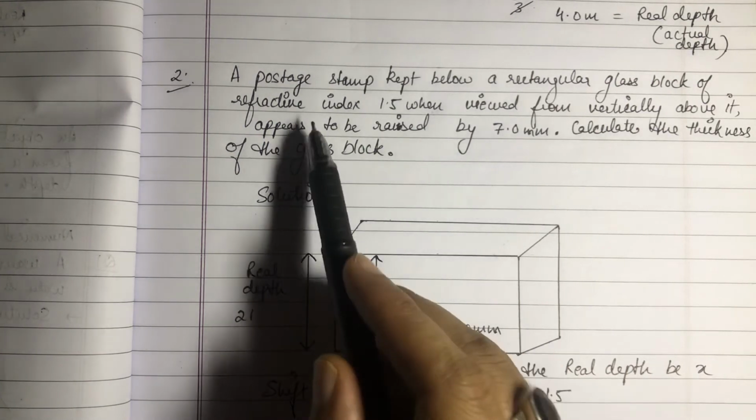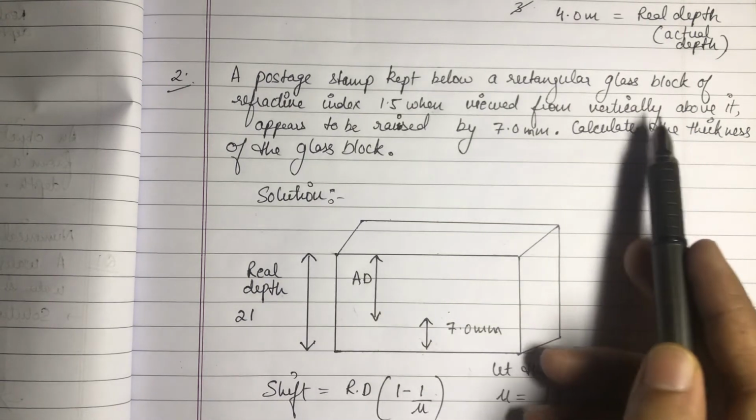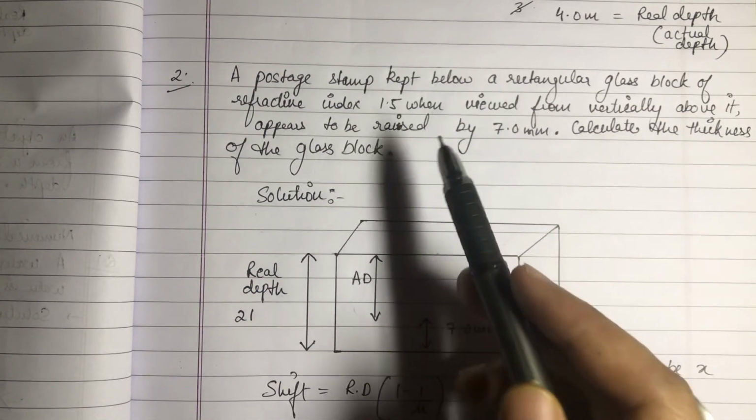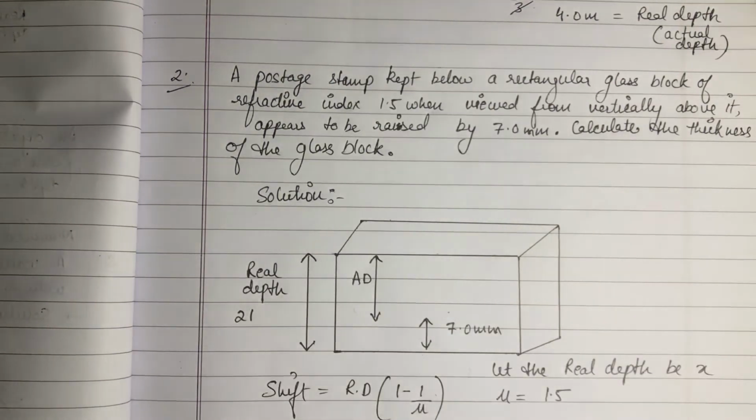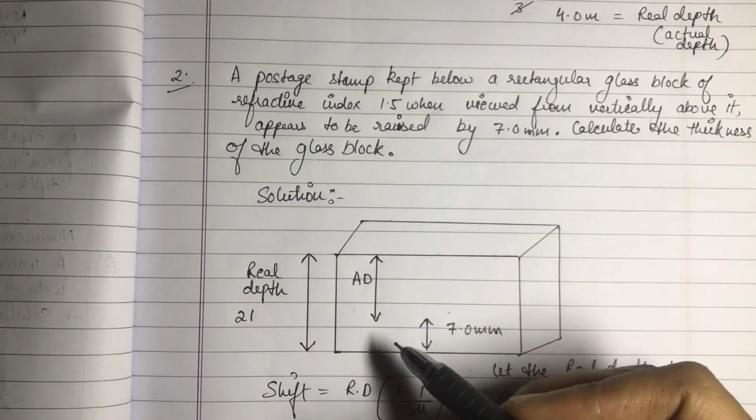The refractive index of glass they have given is 1.5. When viewed from vertically above it, it appears to be raised by 7 millimeter. Calculate the thickness of the glass block. So we know this is going to be our real depth, and this is going to be the apparent depth.